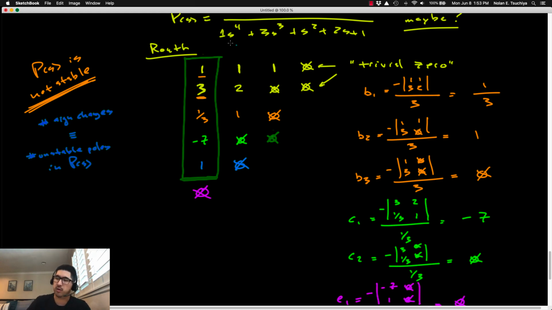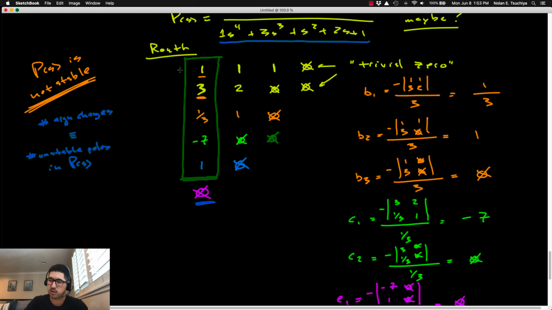But what I don't know is, for the 4 poles that exist of P of S, how many of them are stable and how many of them are unstable. If I want that information, I have to complete the whole Routh table, right? I have to go all the way down to here to get that first column of the Routh table.